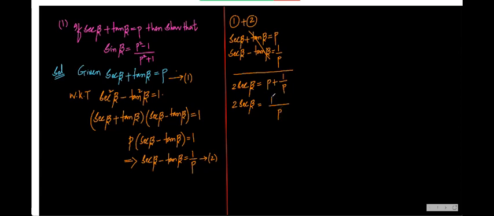P into P is P square plus 1. This 2 we can divide to that side. So sec beta value is equal to P square plus 1 by 2P. After adding, we are getting this information.